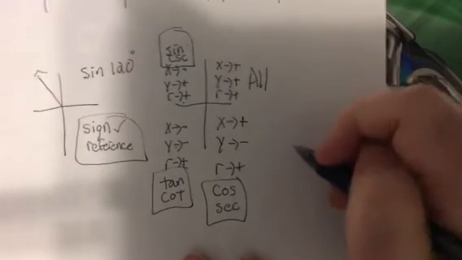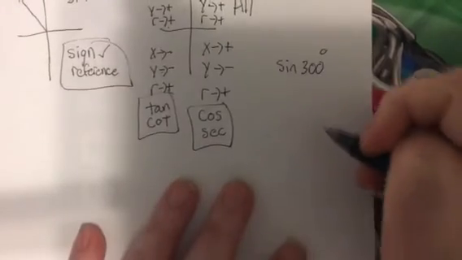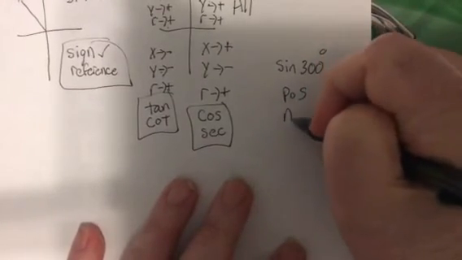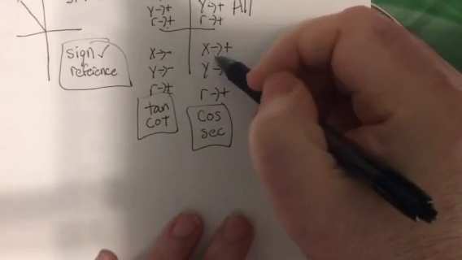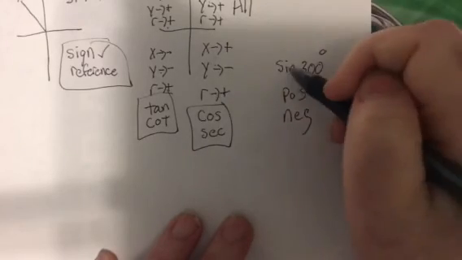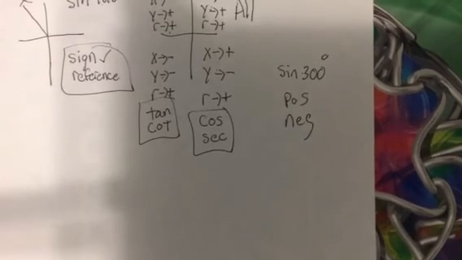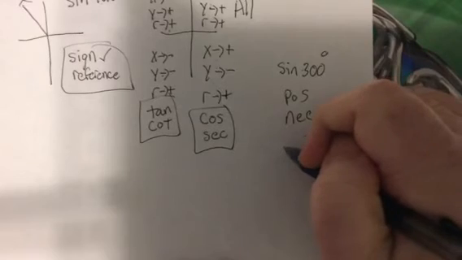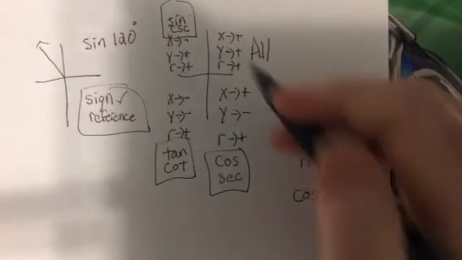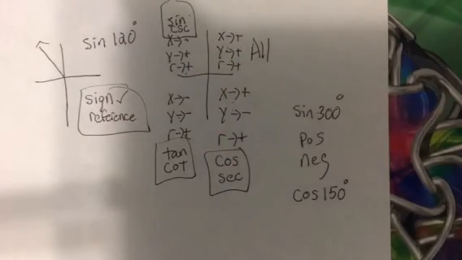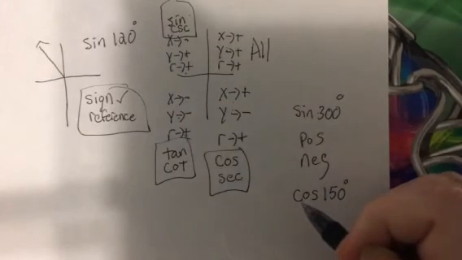So if I said, okay, sine of 300 degrees, is it positive or negative? You'd say, oh, 300, it's in the fourth quadrant. Y is negative, so sine of 300 would have to have a negative answer. Check it with your calculator if you want. It's true. If I said cosine of 150 degrees, well, 150 is in the second quadrant, x is negative, so cosine is negative.